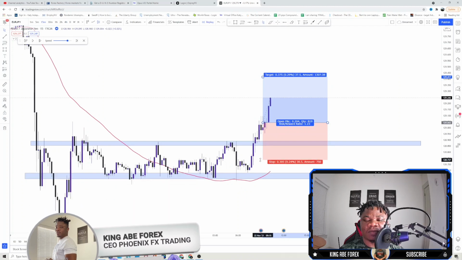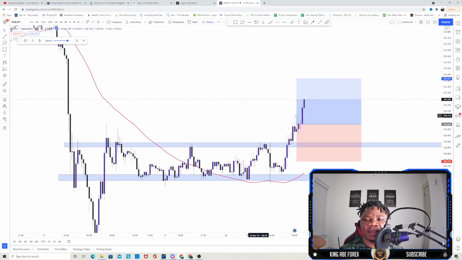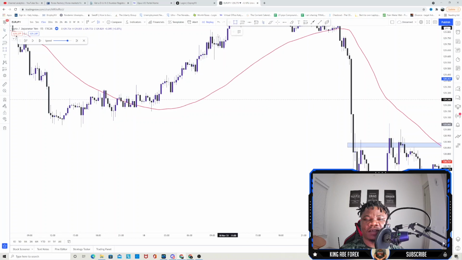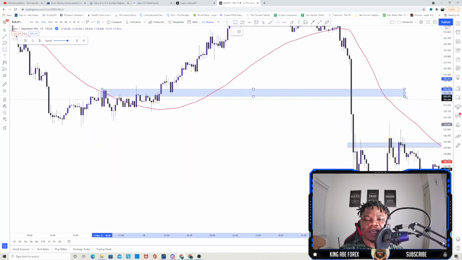We're setting our stop loss to 30 pips, and for our take profit, all we have to do is look here to the left hand side and target this previous high right here, and we're going to see if we got lucky.